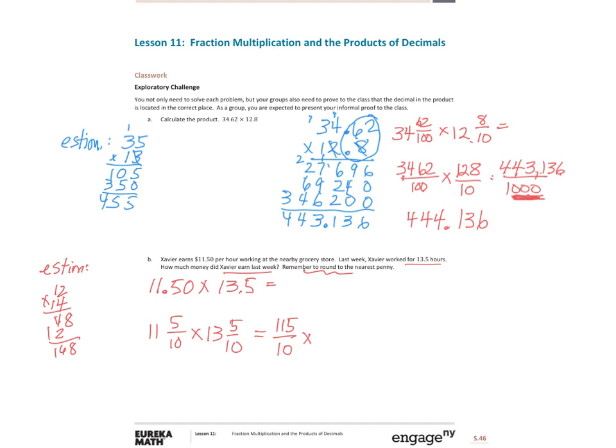And I'm going to multiply that by 13 times 10 is 130 plus 5, 135 over 10. Okay, now I'm going to multiply straight across. What's 10 times 10? Oh, that would be 100. And then let me do my 115 times 135.